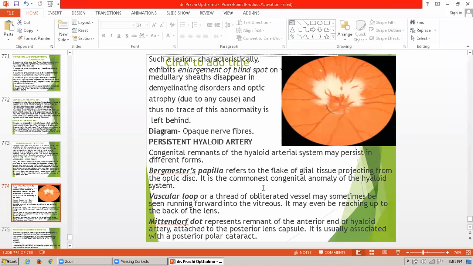A vascular loop or a thread of obliterated vessel may sometimes be seen running forward into the vitreous, and it may even reach up to the back of the lens. And Mittendorf dot represents the remnant of the anterior end of the hyaloid artery, which is attached to the posterior lens capsule and is usually associated with posterior polar cataract.